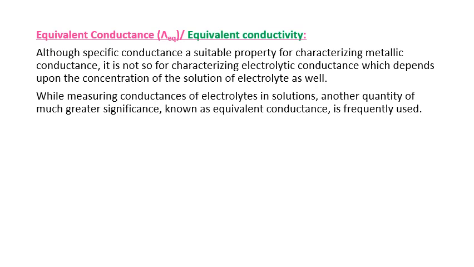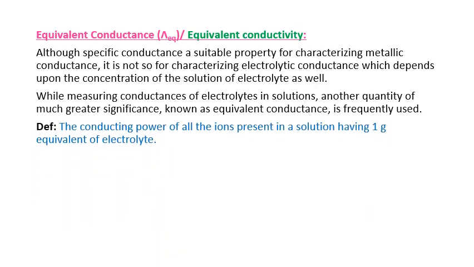Next definition: the conducting power of all the ions present in a solution having 1 gram equivalent of electrolyte. Almost all definitions look the same, but there are small modifications. Earlier we saw 1 centimeter cube, 1 meter cube. In the case of equivalent conductance, it is the ions present in a solution having 1 gram equivalent of electrolyte.